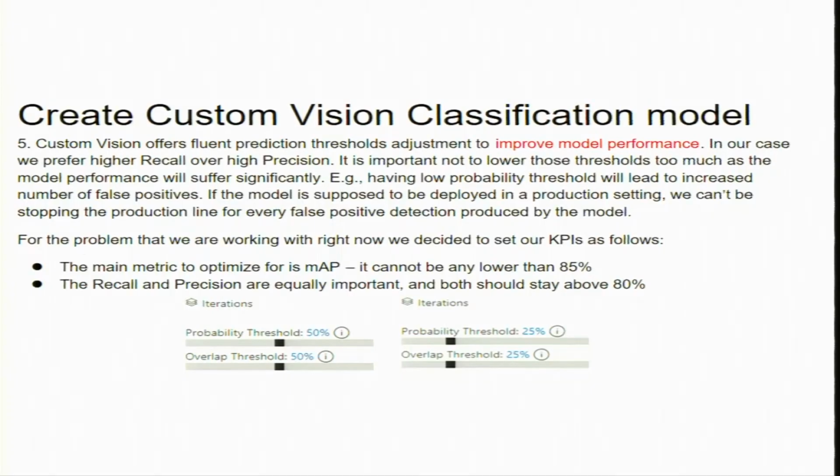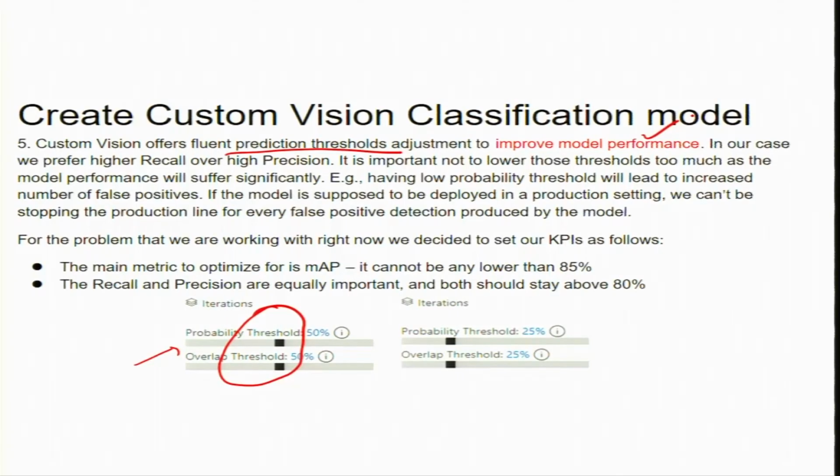Now, let us see the prediction thresholds you can set. Here is an example: if your model does not have the accuracy and precision as per your need, then you can adjust it by modifying this threshold. Custom Vision offers prediction threshold adjustment to improve model performance.